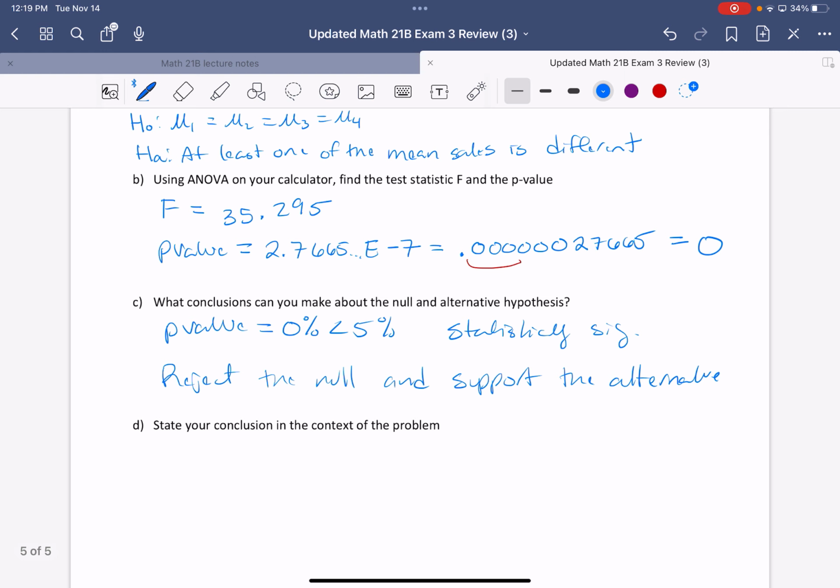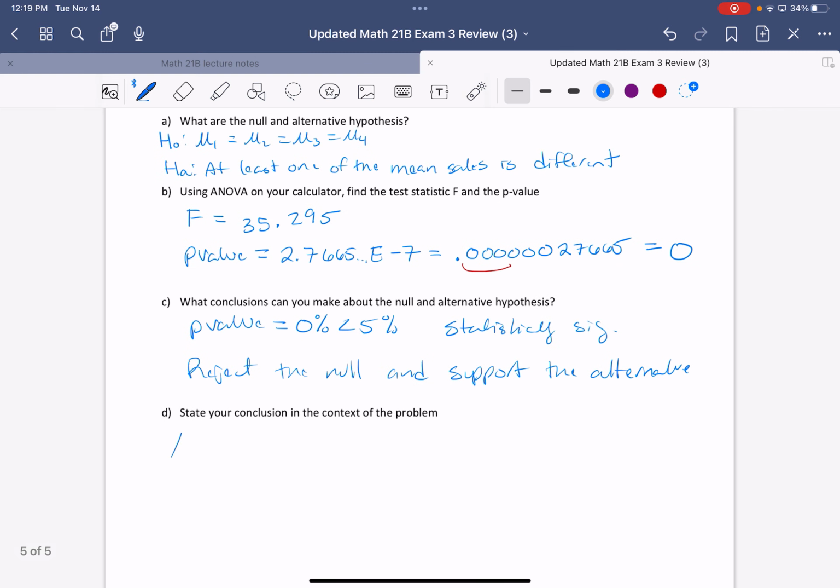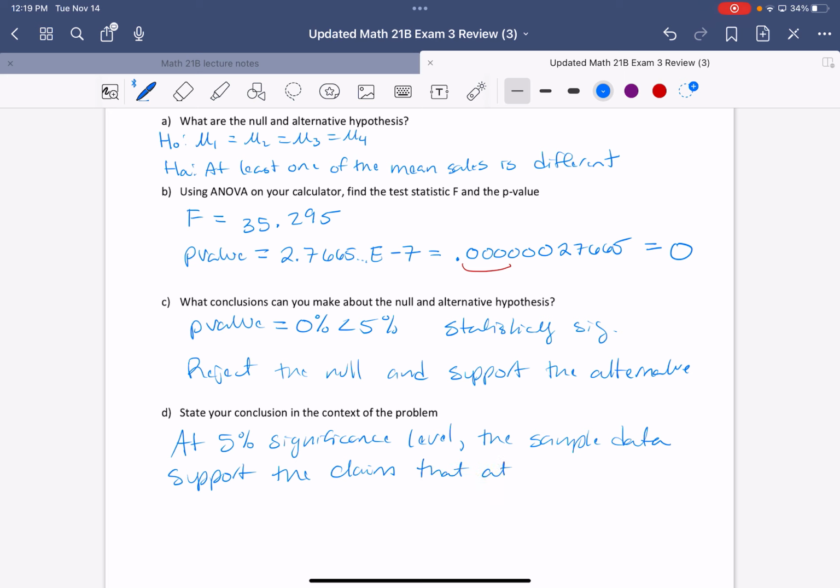And then lastly, the conclusion in the context of the problem. At the 5% significance level, the sample data support the claim. And remember, your claim is the alternative hypothesis that at least one of the mean sales is different.